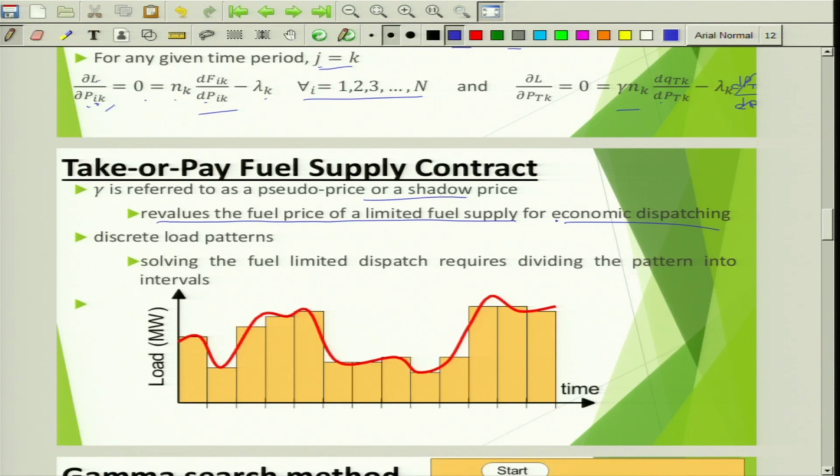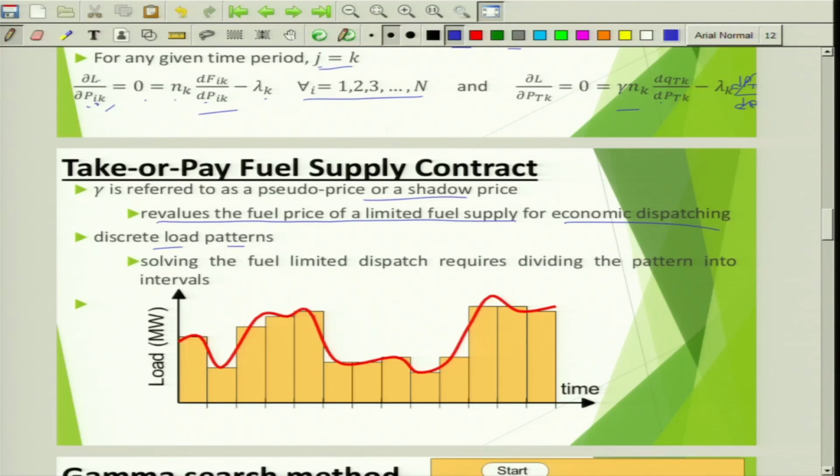Now with gamma in place, where the fuel constraint is put into the picture, you need to reevaluate gamma or the total cost of generation. Now discrete load patterns are being considered. Solving the fuel limited dispatch requires dividing the pattern into intervals, right? So these are the intervals.